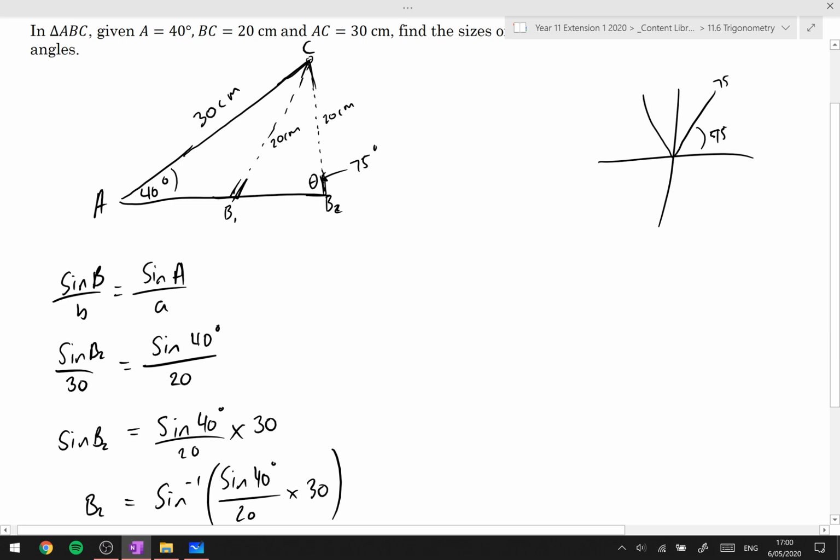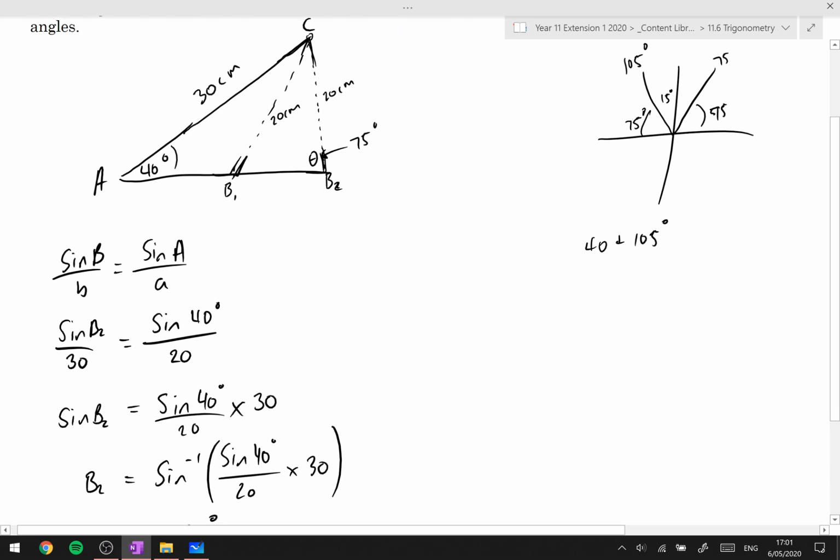So the related acute angle in the second quadrant is this 75 degrees here. And if I have that acute angle in there, it means I've got 15 degrees in here. So 90 plus 15 makes 105 degrees. That's actually what my second angle is in here.